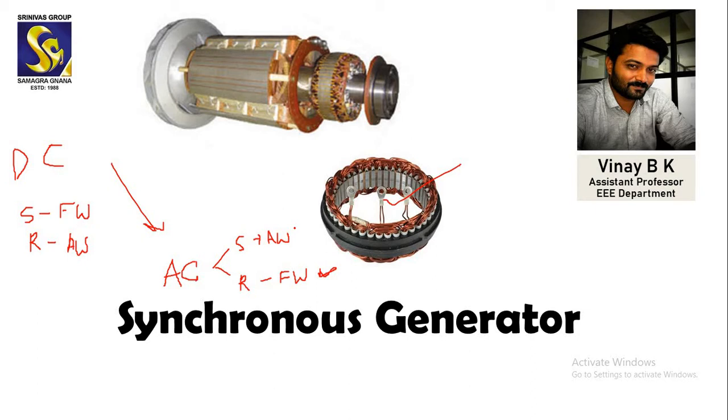So a machine has two parts, as I told: one is the stationary part, and the other is the rotor part. These generators are used for generating AC voltages, hence they are also called alternators. The other name is alternator.